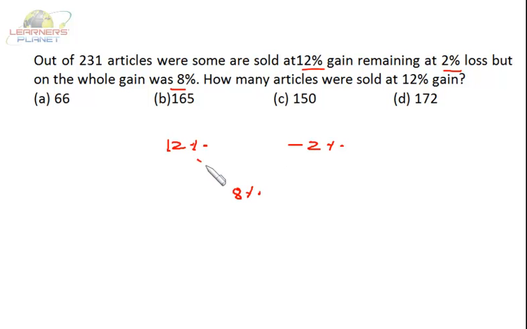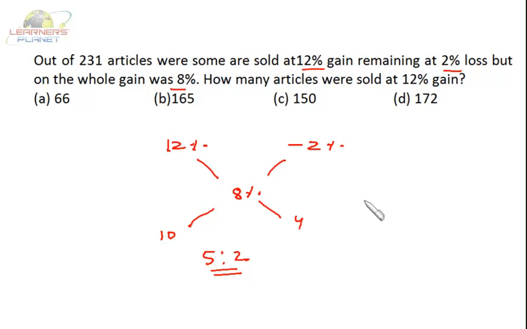Okay, now further the same way, it's 12 minus 8, it is 4, and it is 8 minus minus 2. Friends, be careful, it is already one minus is there, so it will be 8 minus minus 2, that will be 10. Okay, so it is 10:4, or we can say 5:2 ratio. Now how many articles were sold at 12%?